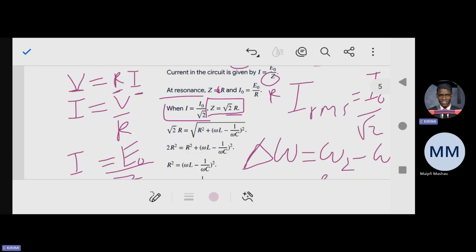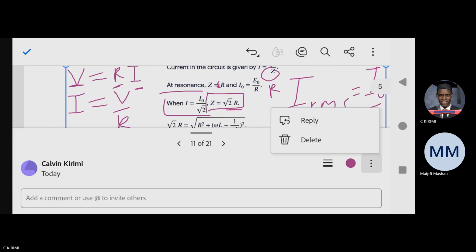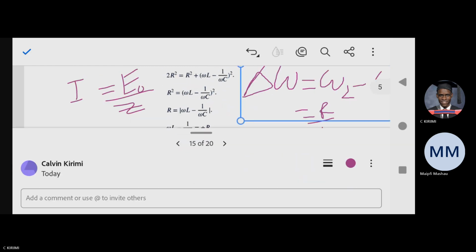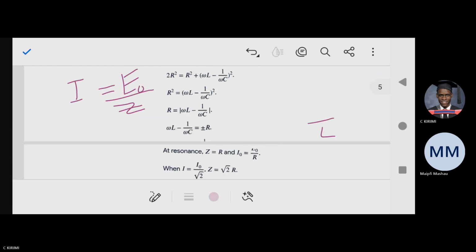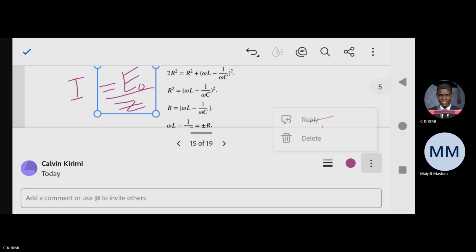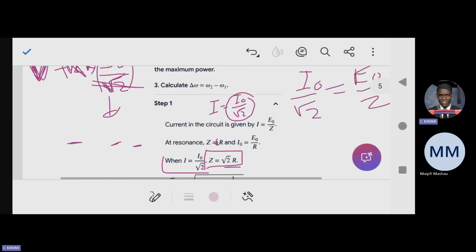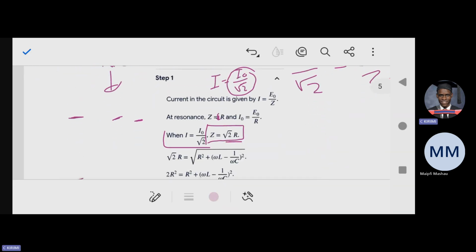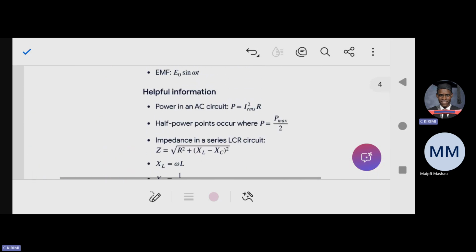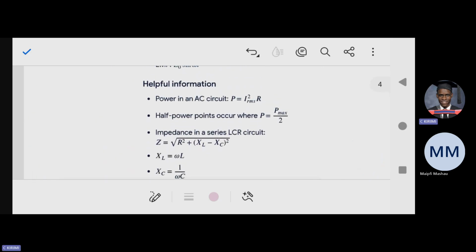At resonance, let me delete this. At resonance, Z is equal to R. It's coming from here. So you can copy this equation.